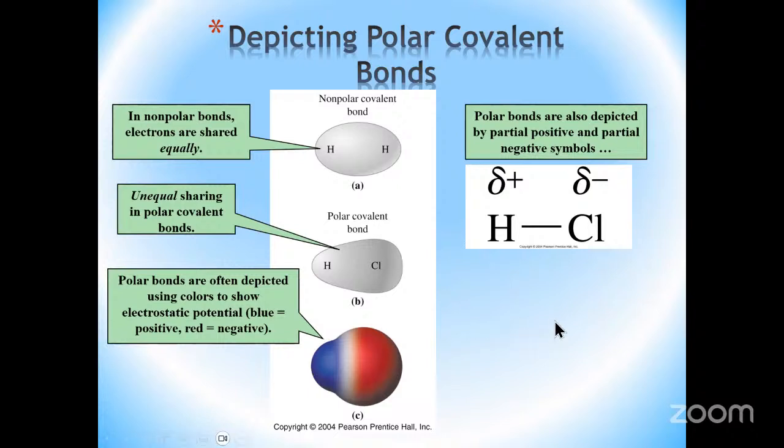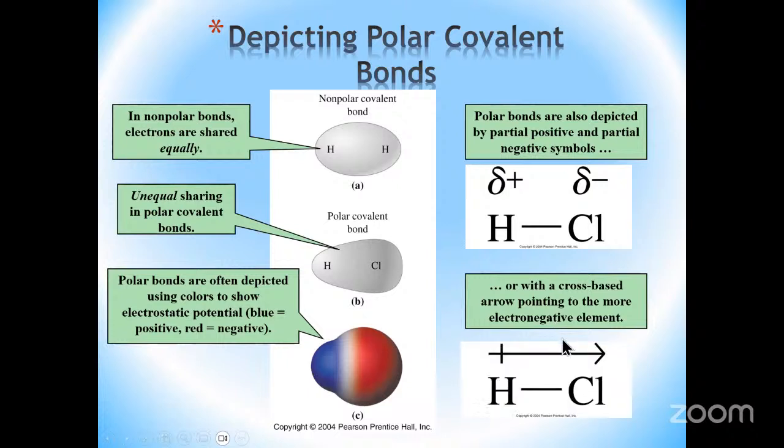And then there's yet another representation which we can use to show the direction of what we call the dipole moment. I'm going to give you a definition of that shortly, right? But basically, the dipole moment is a vector quantity which shows you the direction of the separation of charge. The convention is that to represent the dipole moment, we use this arrow here, which shows the direction of the dipole, from the positive end of the bond to the negative end, right?